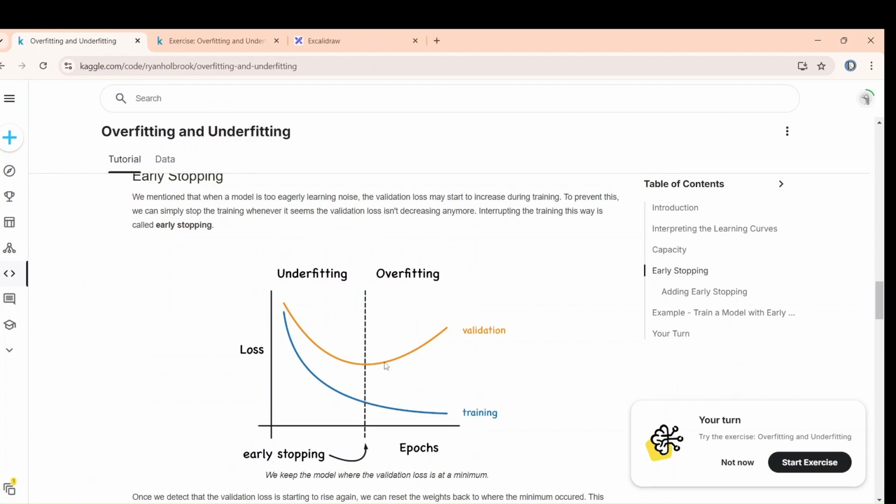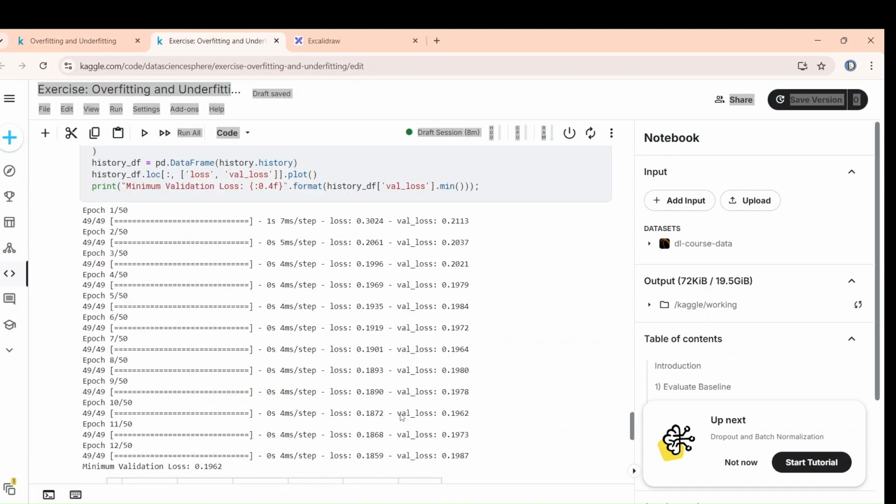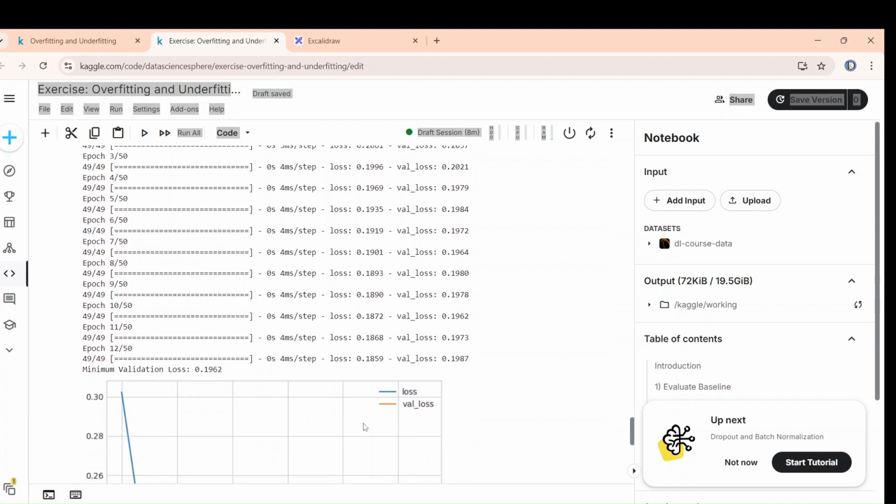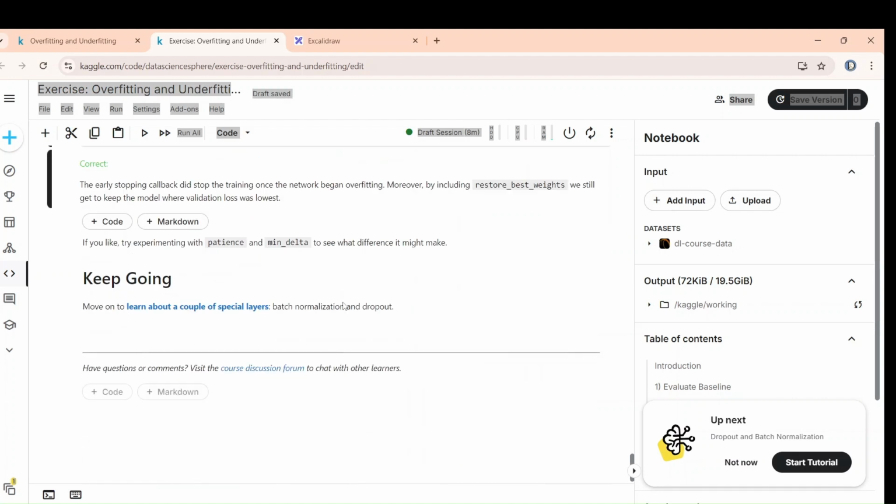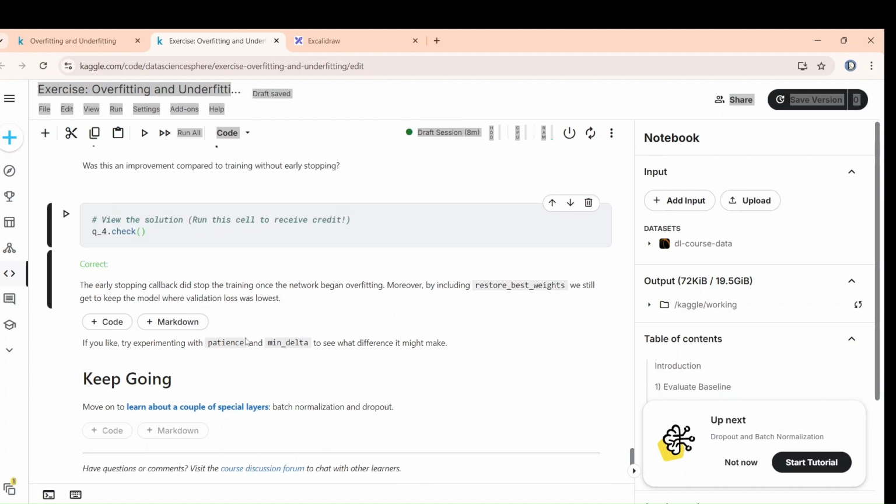This is the point we want to find. That is done by early stopping. It will check after every epoch, and whenever it sees that the validation loss is not decreasing anymore, it will stop the model and bring back those weights where the validation loss was the lowest. Clear? I hope this is completely clear to you. And we have done it.